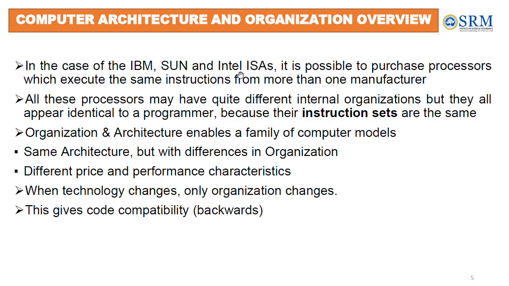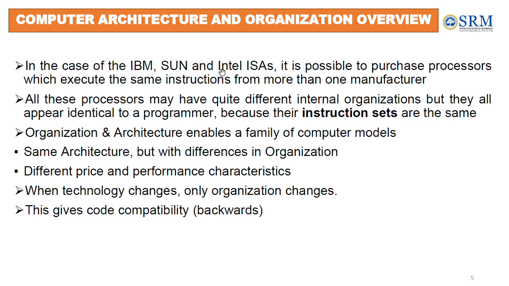You can perform an arithmetic operation that does not depend upon the organization. Whatever instructions do not depend upon the organization, we can run on any processor like IBM, Sun, or Intel.